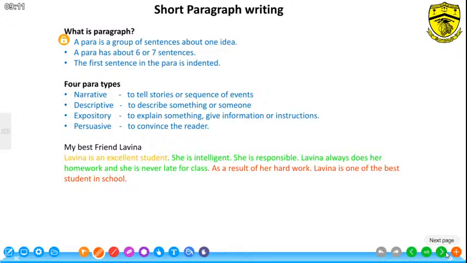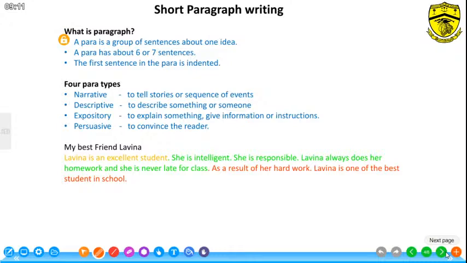Third one, expository, to explain something, give information or instruction. So when you write about your journey and you have to explain something, the places, the natural things in that place, and so on.